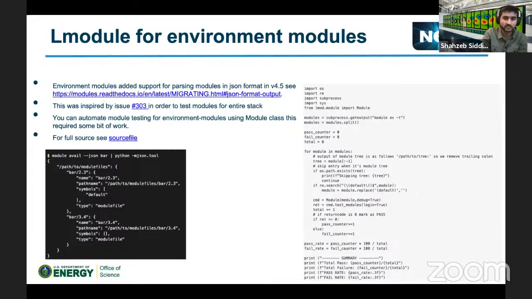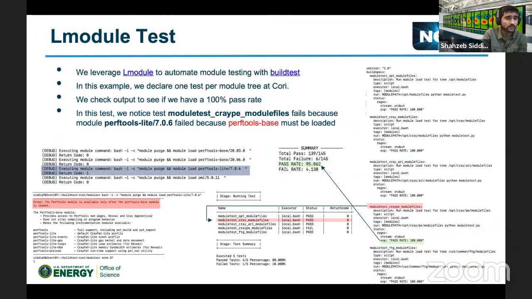We get the return code, and then right now we just have a counter to see all the modules that pass and fail. And if you want to use the same source file, you can just download it, and it should work pretty well. So what we have done is we have actually taken that script, and I have this tested on Cori. I have this tested on other systems also using environment modules 3 and also 4.